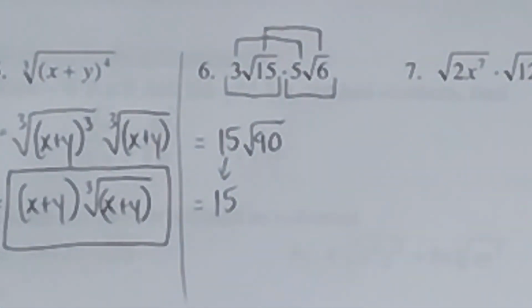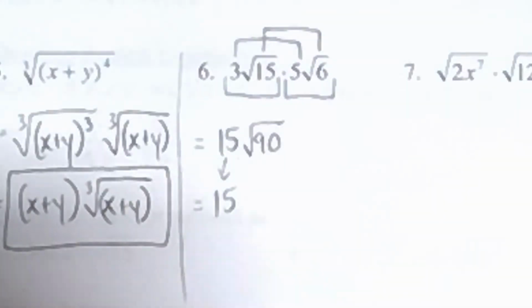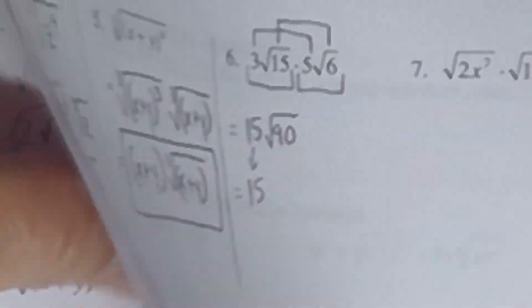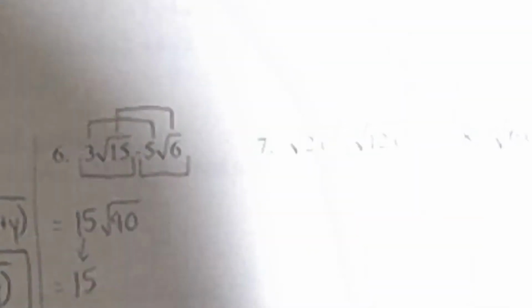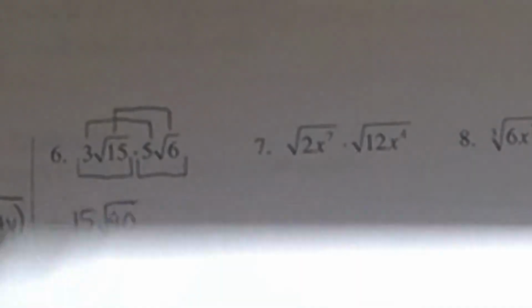So what would happen if I simplified 90? The largest perfect square factor, the largest number from the perfect square list on the front of the page. I'll go ahead and pull that out once again here. That largest number is going to be 9, isn't it?